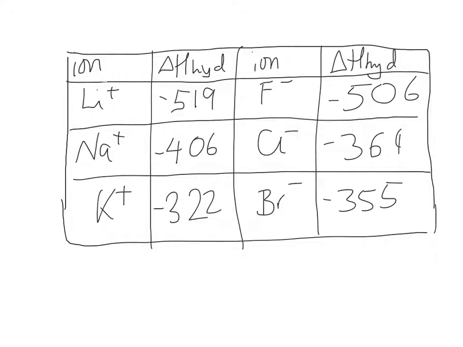The lithium ion is small and highly charged relative to a potassium ion, where that single positive charge is spread over a much larger area. So this lithium ion has very high charge density, which means that any water molecule is going to be very highly attracted to it. Same goes for fluoride. And again, you can see that down the group, delta H hydration decreases as there is less attraction between the ion and the water molecules.